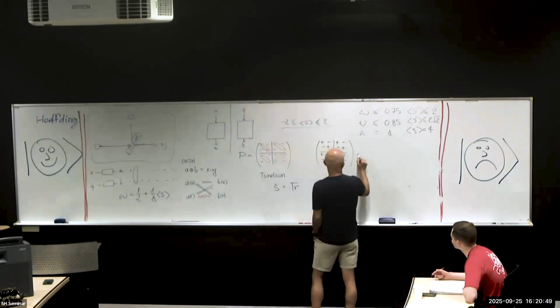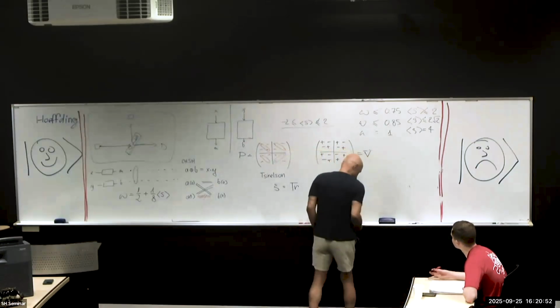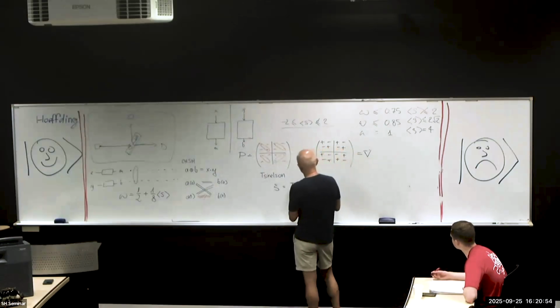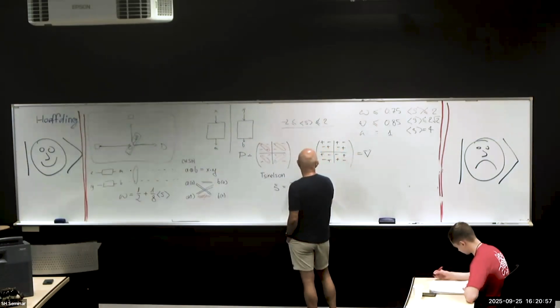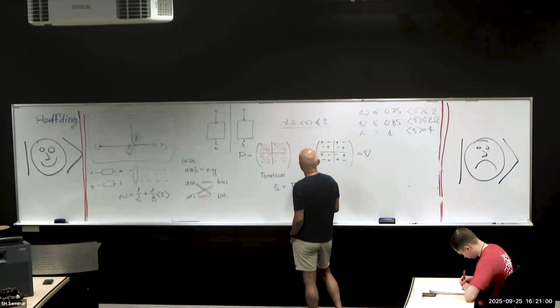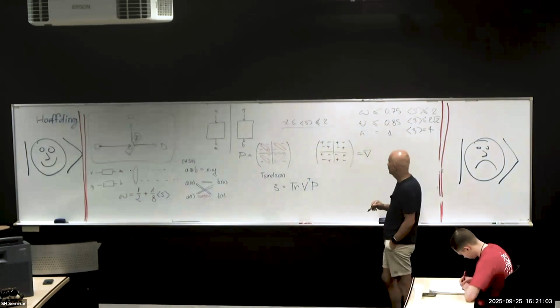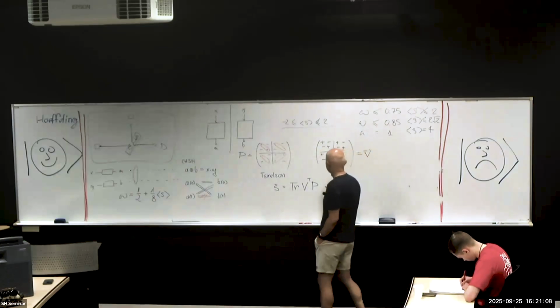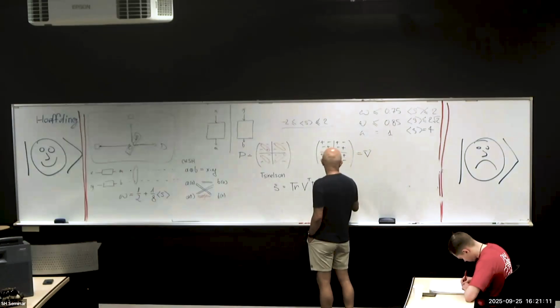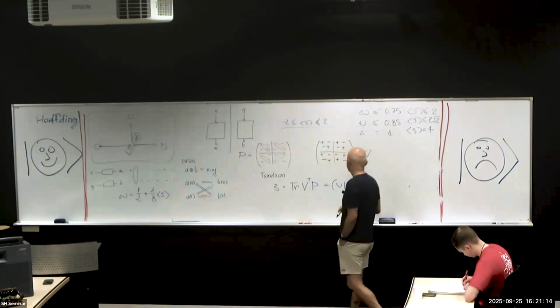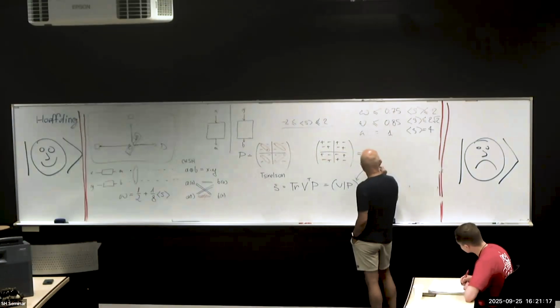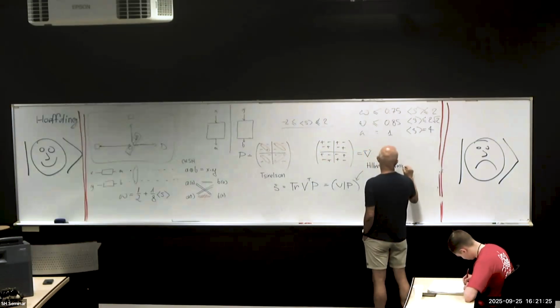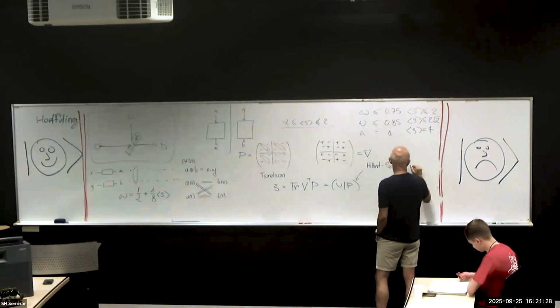Let me call this matrix V. Trace V dagger P. Let me explain what it means. You may know this as an inner product. It has a fancy name, but it's actually a very simple thing. It's called the Hilbert-Schmidt product, inner product or scalar product.